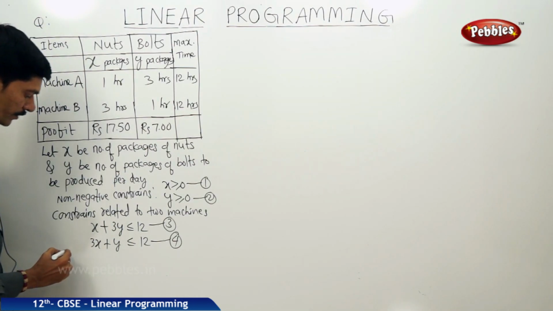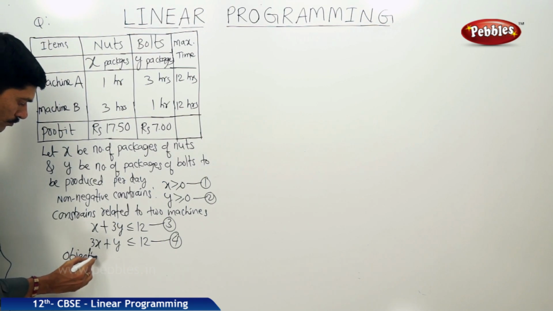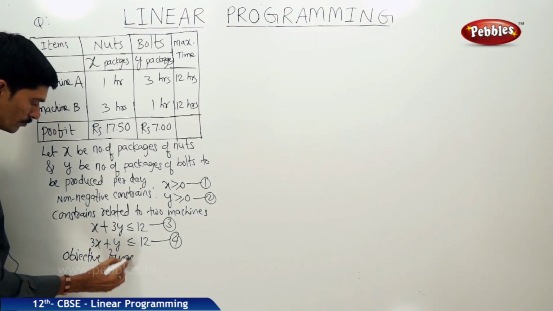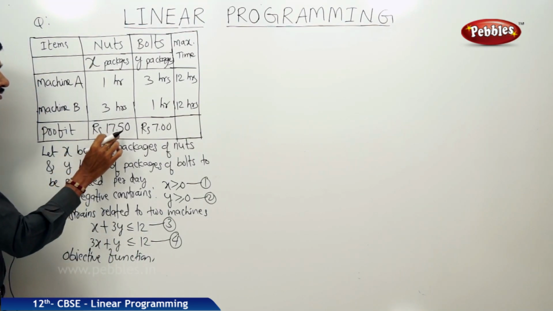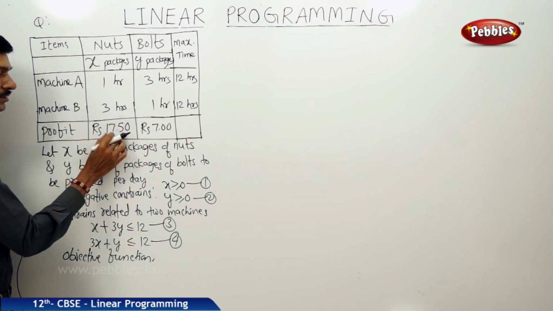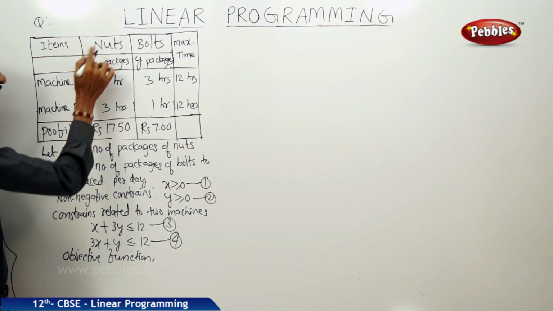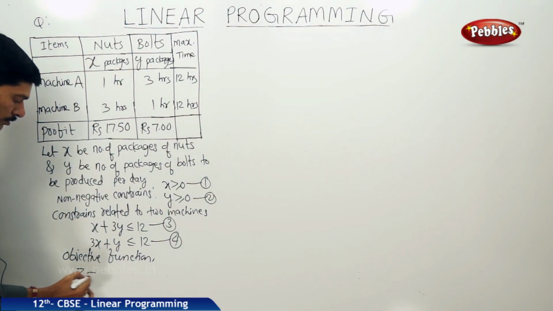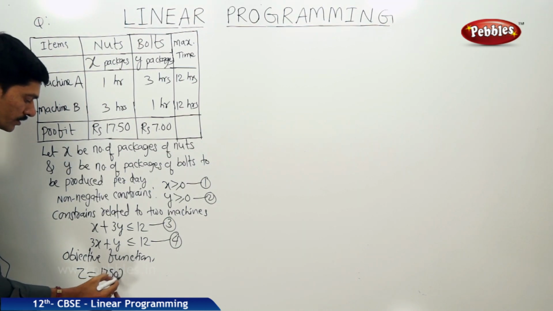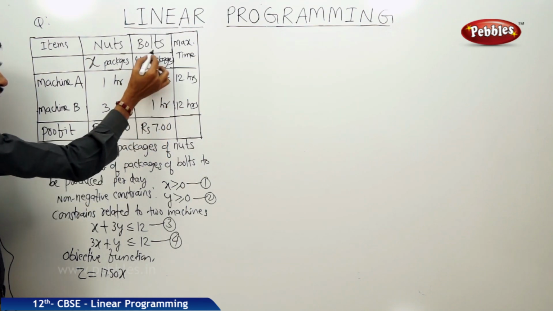Now the objective function. This is related to the profit, and 17.50 rupees is the profit on one package of nuts. So on X packages, you will get 17.50x, and 7 rupees profit on one package of bolts.